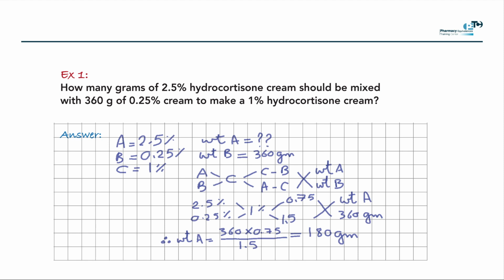This means that we have 0.75 parts of A mixed with 1.5 parts of B to get the final mixture. If we have the weight of B, which is 360 grams, then what is the weight of A? It will be very easy to calculate after this part.